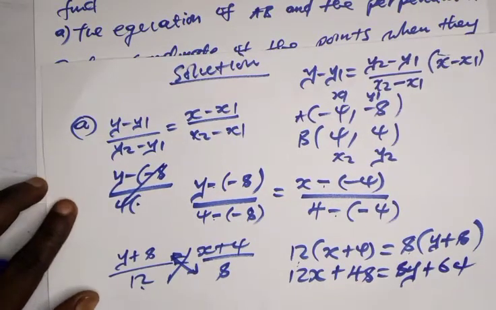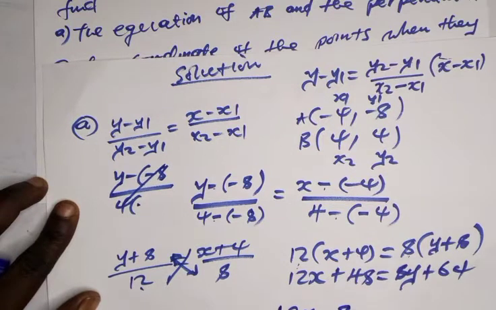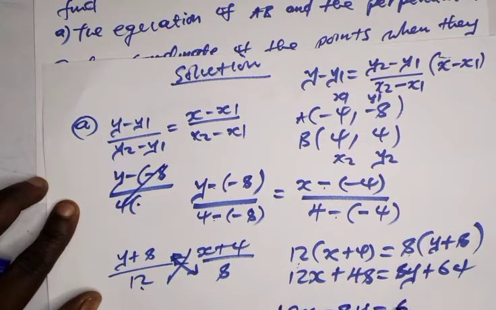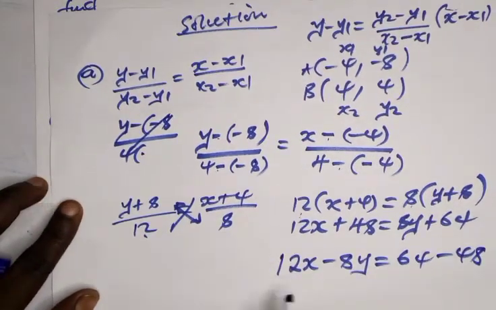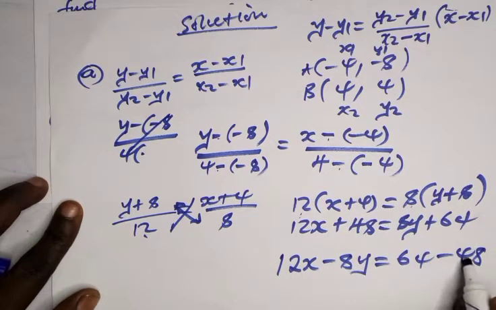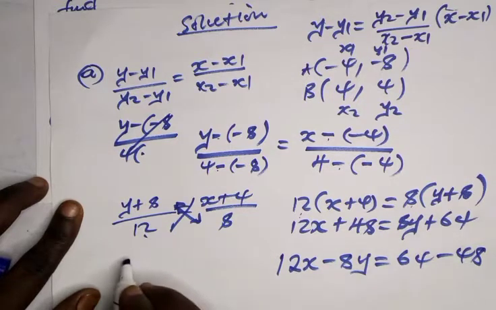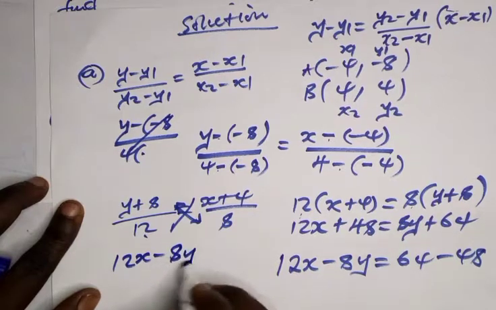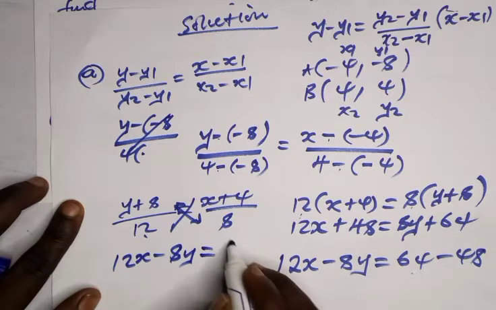So now let's collect like terms. Then it will be 12x minus 8y equals 64 minus 48, which is 16.